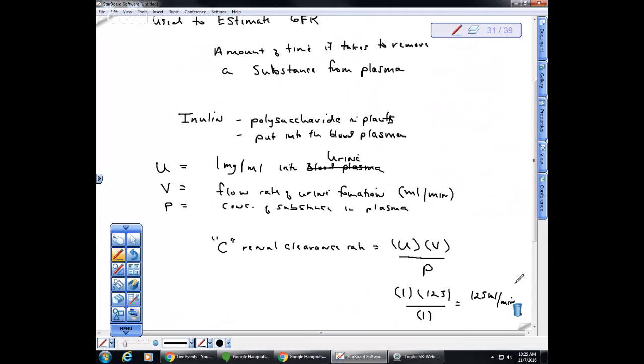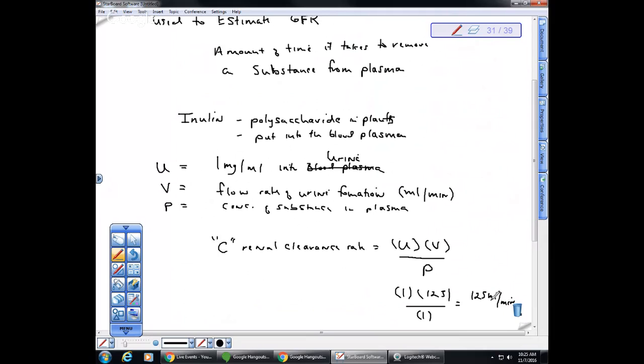If the amount in the plasma and in the urine is the same, 1 milligram per milliliter, and this is the volume of the blood flow, then we get 125. What this means is that when we put it in, all of it is coming back out because it's a 1-to-1 ratio. If you reabsorb stuff, this is going to become smaller. If substances are secreted, this will become larger.